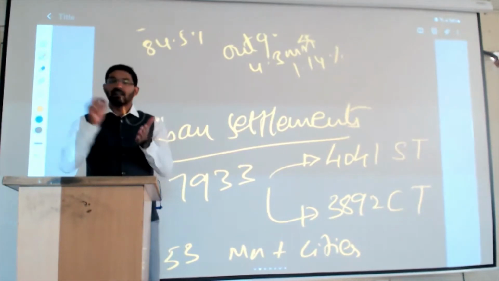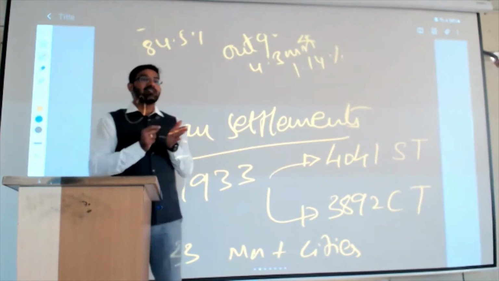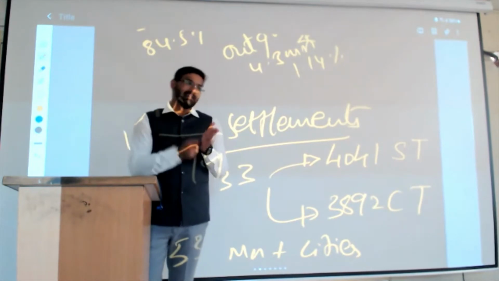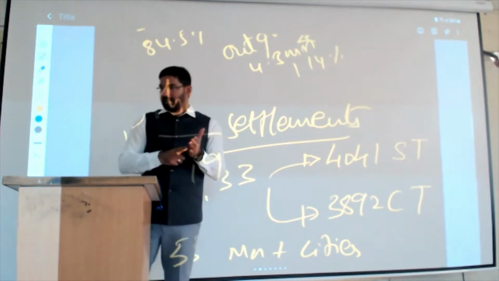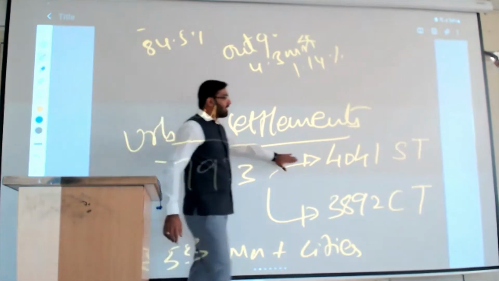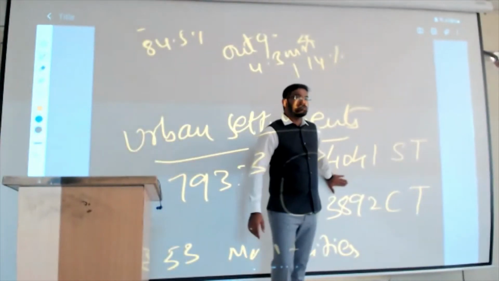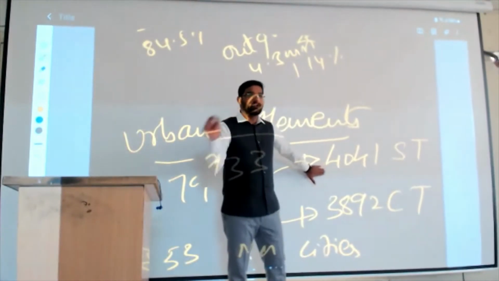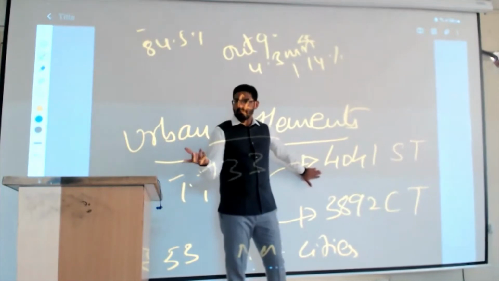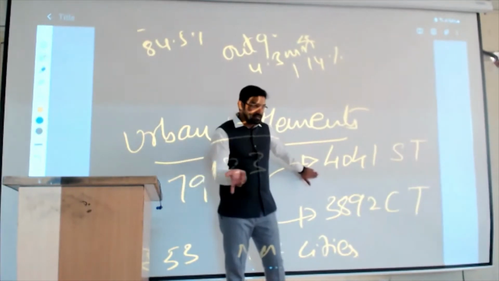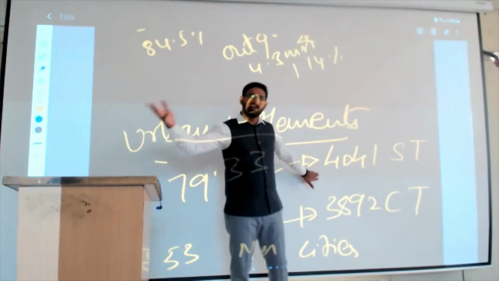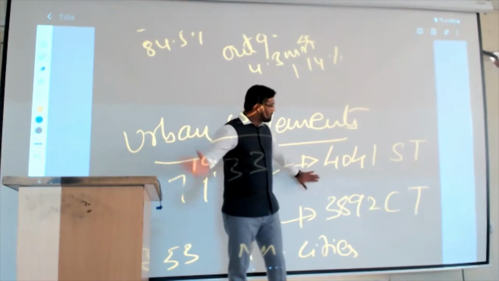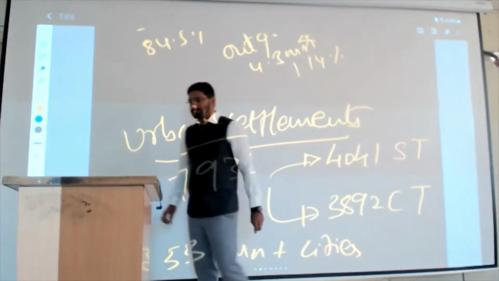That means it should be recognized by the state legislature or UT legislature. For example, Pondicherry has a legislature. So it is notified by law as a town, that is called a statutory town. Municipality, municipal corporation, Nagar Panchayat, notified town area or cantonment board, all these come under statutory towns.